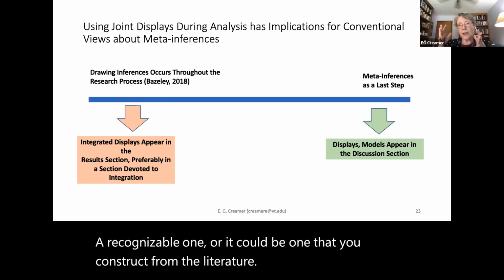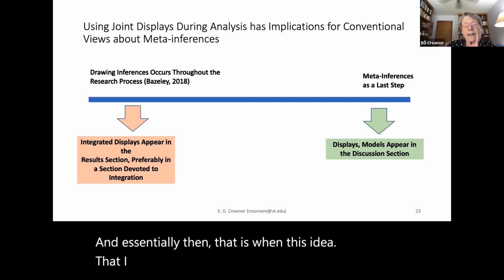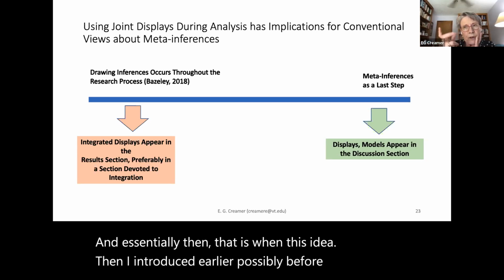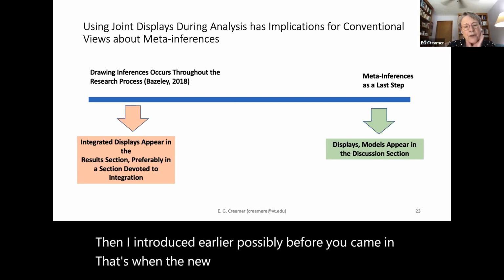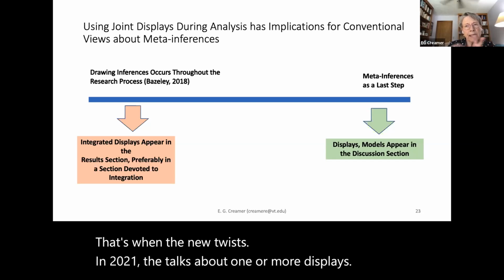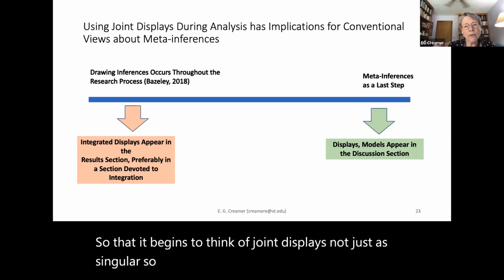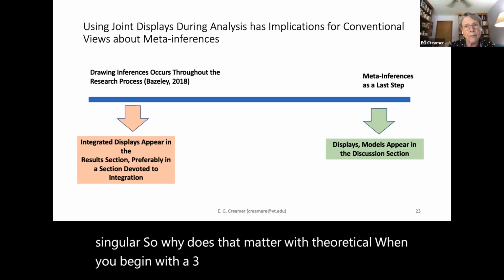And that is when the idea I introduced earlier, the new twist in 2021 that talks about one or more displays, so that it begins to think of joint displays not just as singular. So why does that matter when you begin with a theoretical framework?